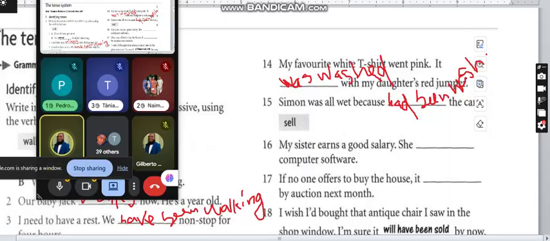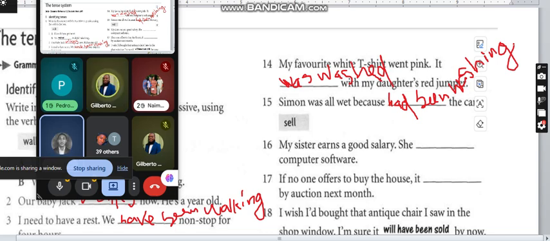For 16, we have Pedro, we have Osvaldo, we have Milton. So, Milton, you can go first. I think it's your first time today. Yes, greetings to lecturer Jill and colleagues. In question number 16, the right answer is present simple.